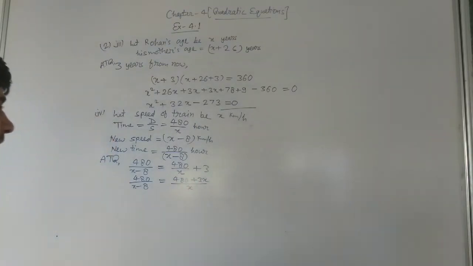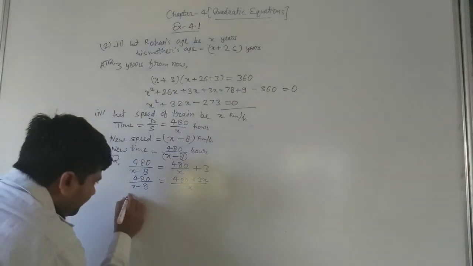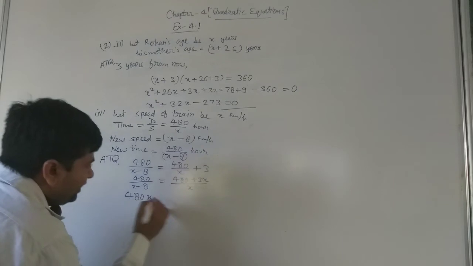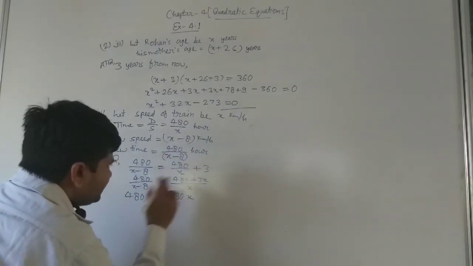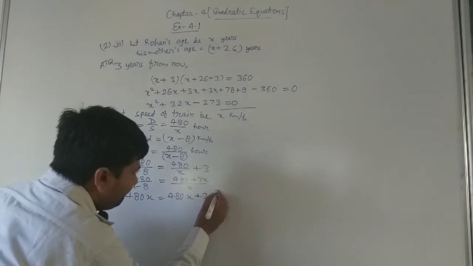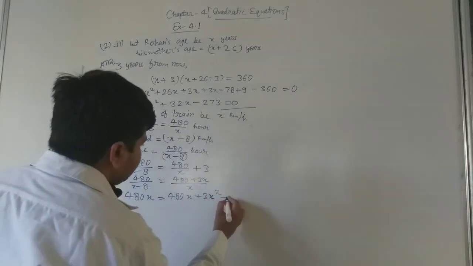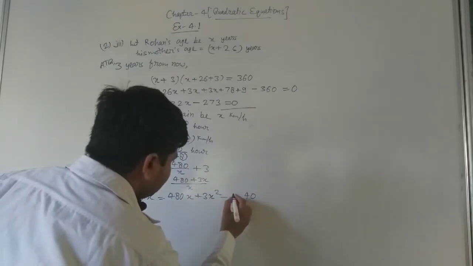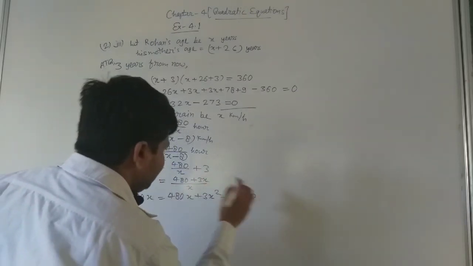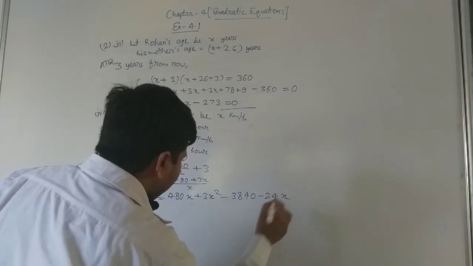Now cross multiply. 480 into x is 480x, equals x into 480, that is again 480x, plus x into 3x, that is 3x square, minus 8 into 480, that is minus 3840, minus 8 into 3x, that is minus 24x.